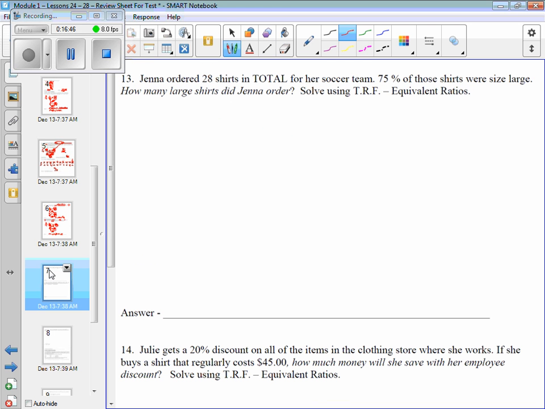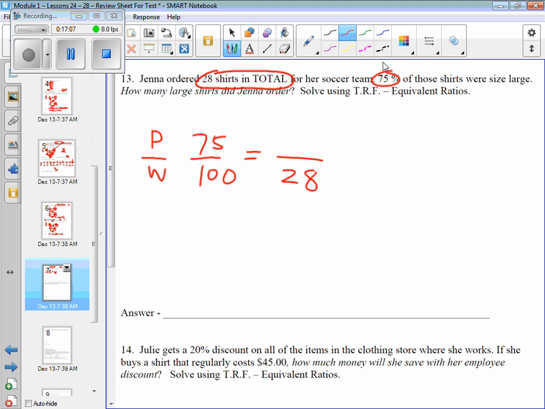13. Once again, we see 75% here. So we know we have one complete ratio, 75 over 100. $28 shirts in total indicates that that is the whole, the bottom part of our ratio. And out of that, 75% of them were large. We have to figure out this number.